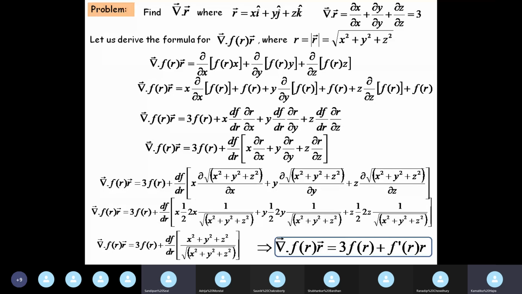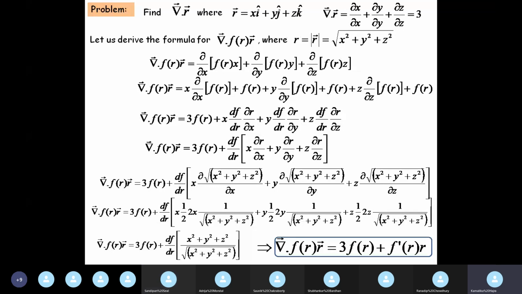Divergence of f(r) r vector equals 3 of log r plus df/dr into r. Df/dr is 1 by r.